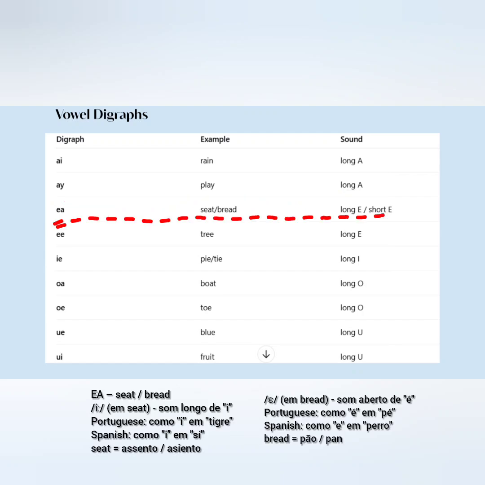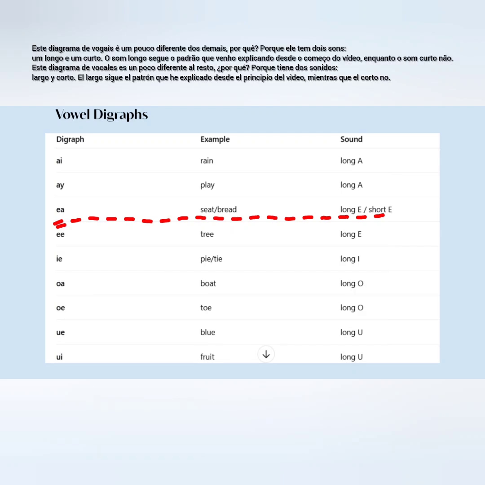EA. So this vowel digraph is a bit different from the rest. Why? Because it has two sounds, long and short sound. So the long sound follows the pattern we have been discussing earlier.